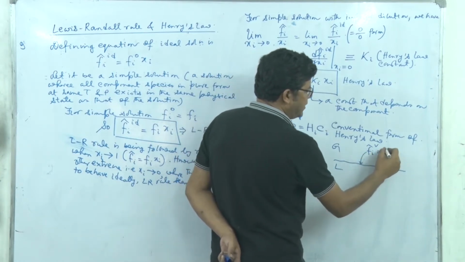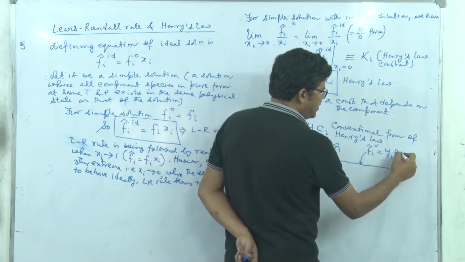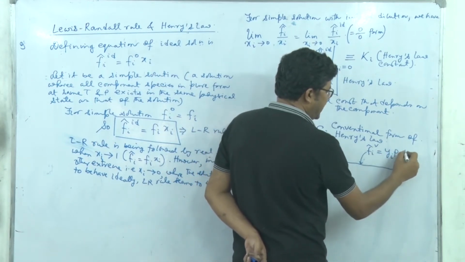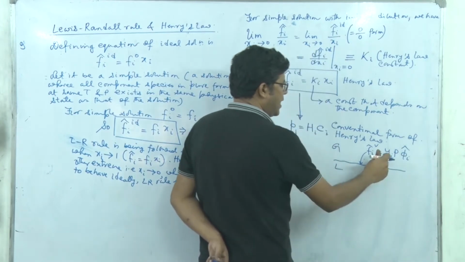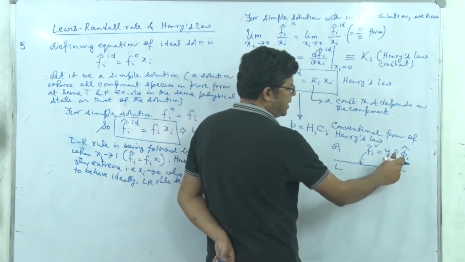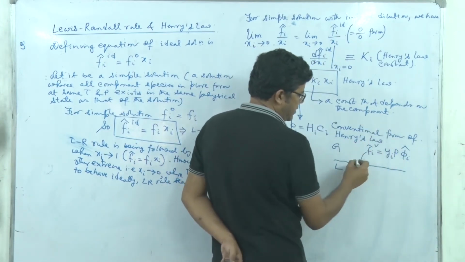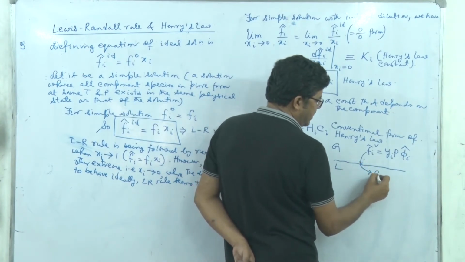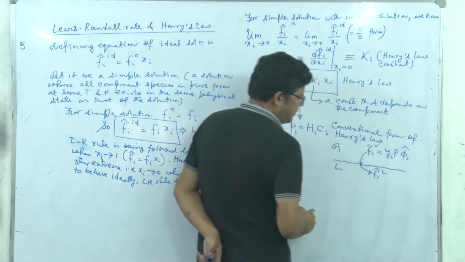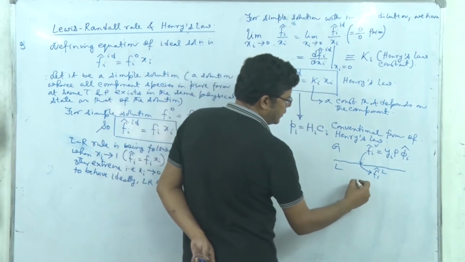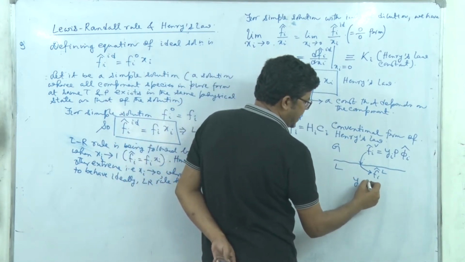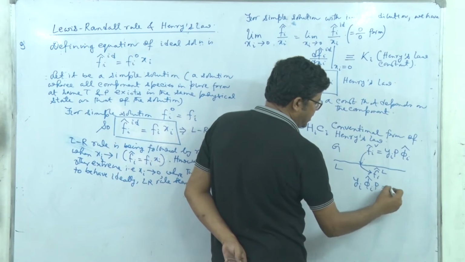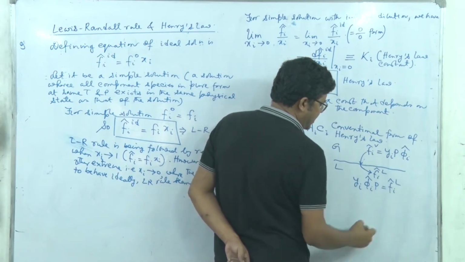And Fi cap V is equal to Yi into P into phi i cap, already we know that. And that's equal to Fi cap L. So we write that Yi into phi i cap into P is equal to Fi cap L.